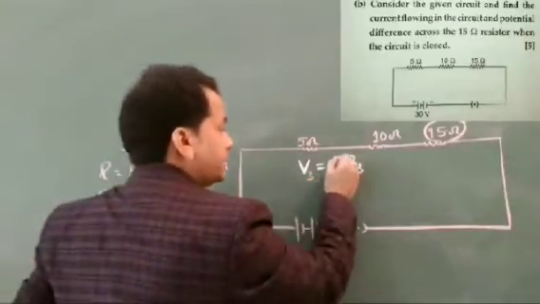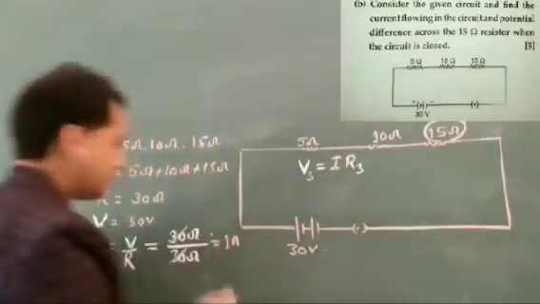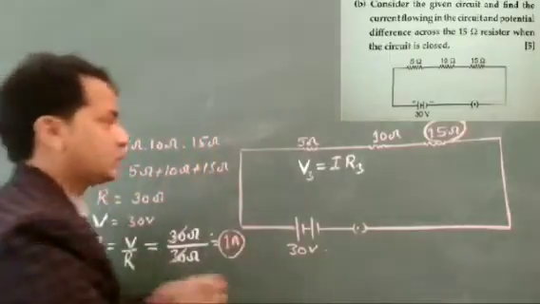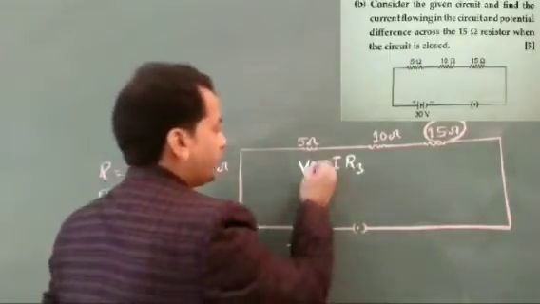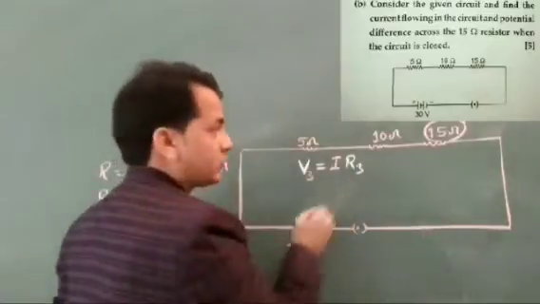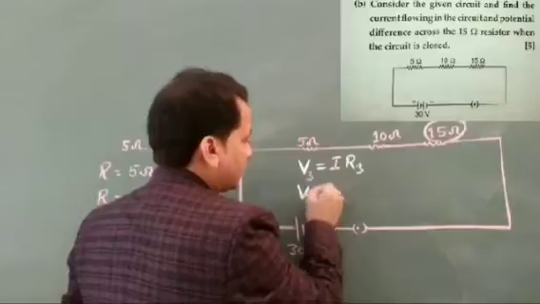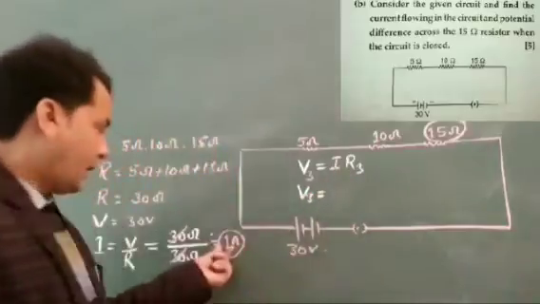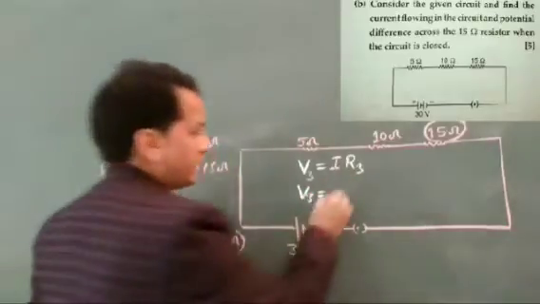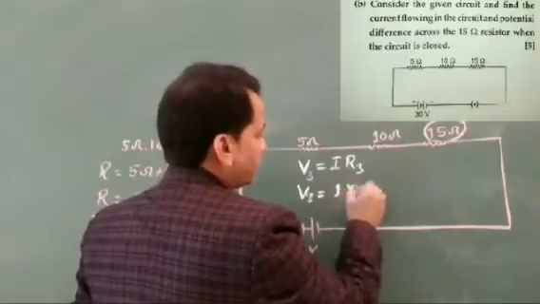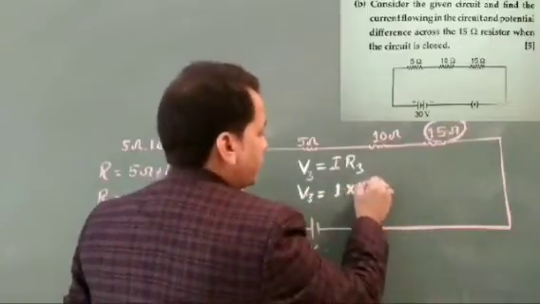I, the electric current, is 1 ampere. So to find the value of the potential difference across the 15 omega resistor, V3 equals 1 ampere into 15 omega.